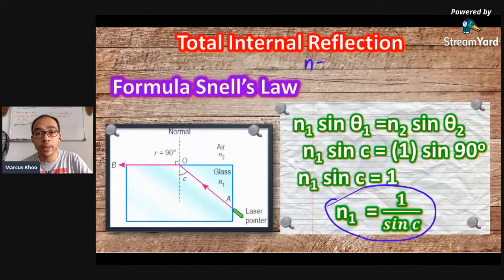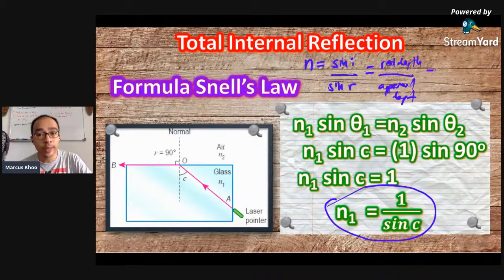Number one is sine i over sine r, when you have the incident angle and the refracted angle. Another one is the real depth over the apparent depth.